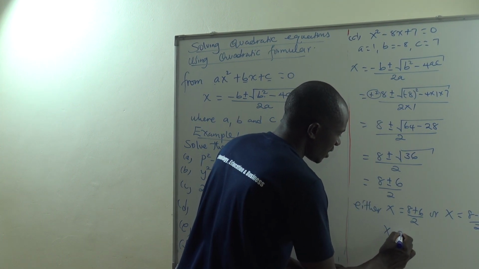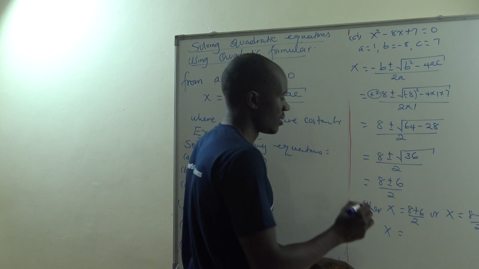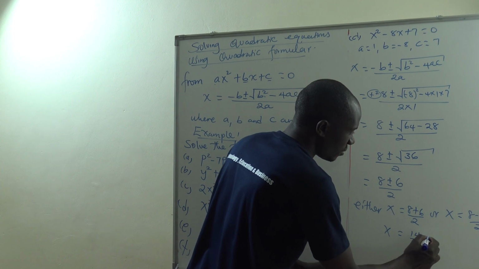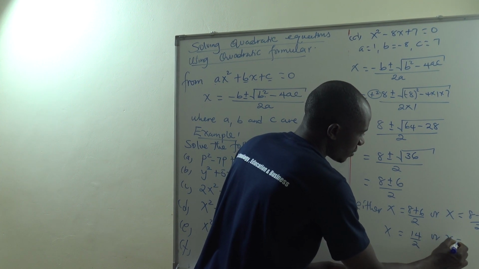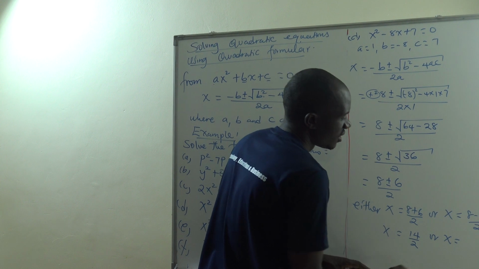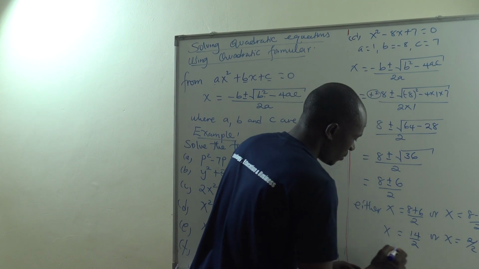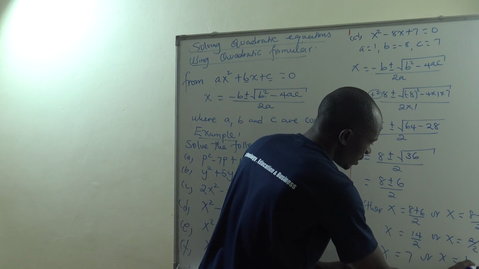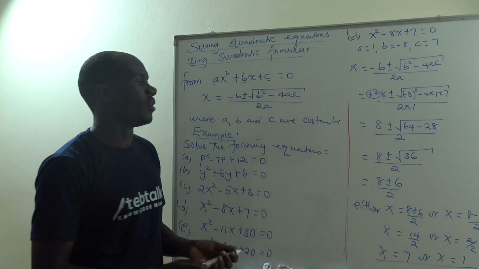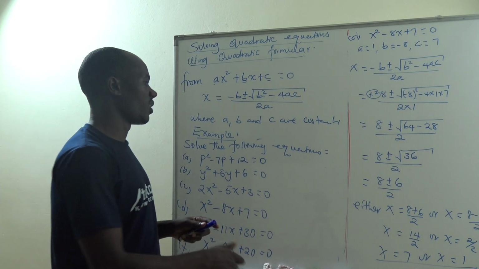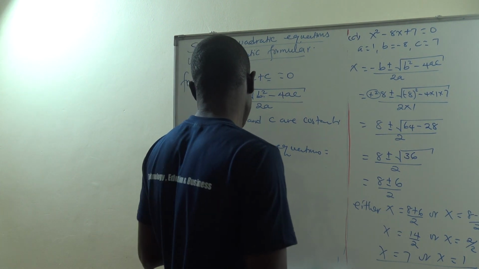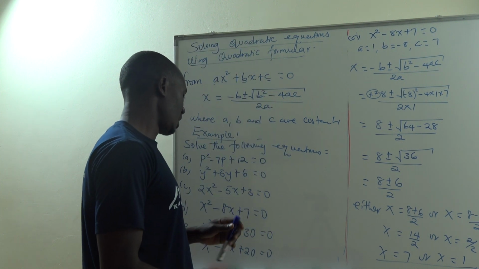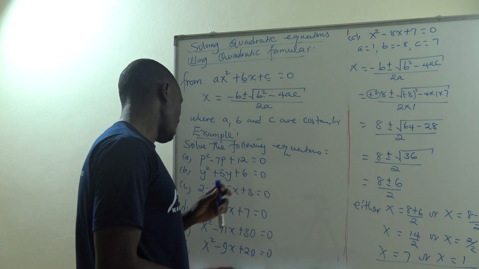This becomes 8 plus 6, you are coming out with 14 over 2, or x equals 8 minus 6, you are coming out with 2 over 2, so x equals 7, or x equals 1. That's how we handle such equations. You should always go very slowly when you are calculating such numbers.